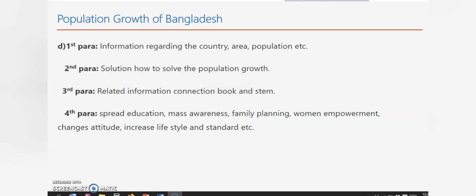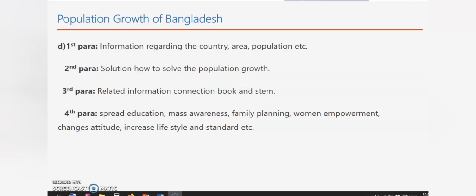What is the population growth of Bangladesh in 1991 and why has it been decreasing since 1991? You have to discuss the statement, and for this, in the first para, you have to write the information regarding your country, area, population, etc. In the second para, you can give the solution of how to solve the population growth problem, and in the third para, you will write the related information connecting to the book and stem.